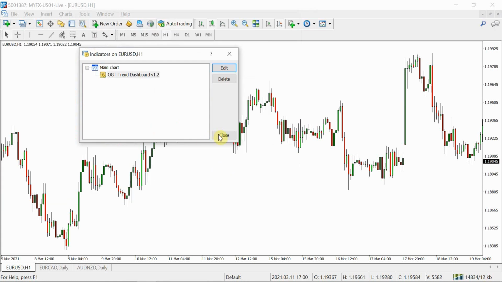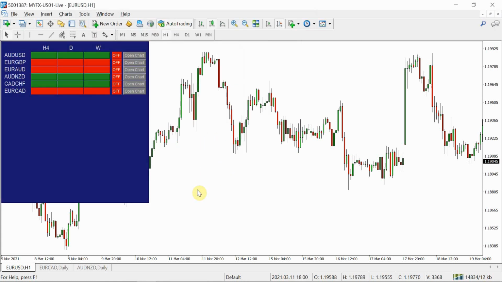If I select that, what you can see now is that it has left us with 6 currency pairs. So in a matter of seconds, I've narrowed down to the quote unquote best currency pairs to trade, these 6.